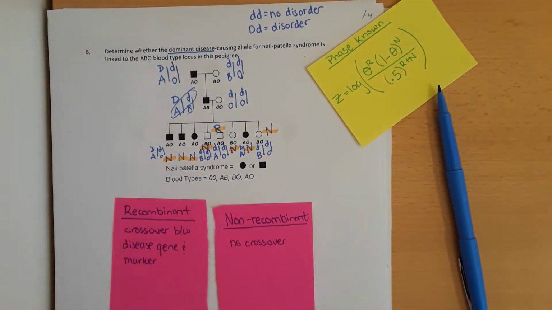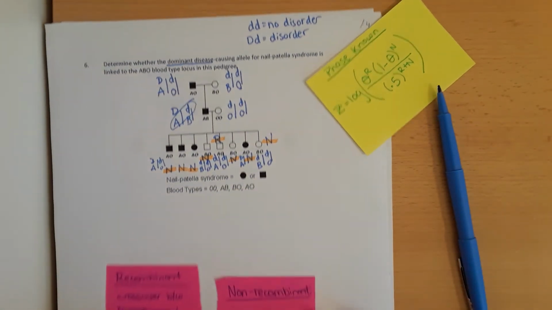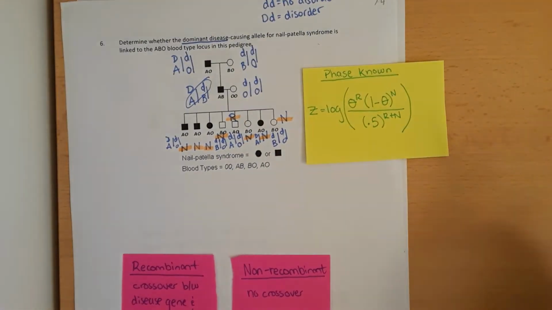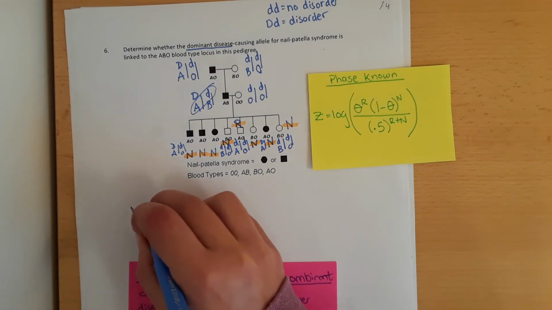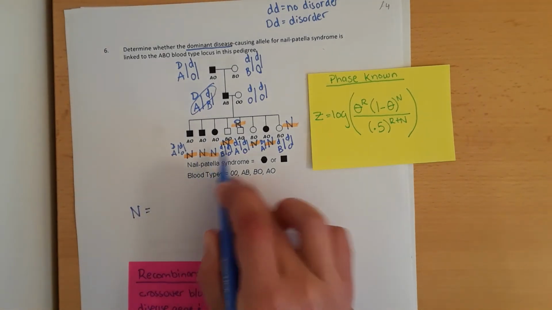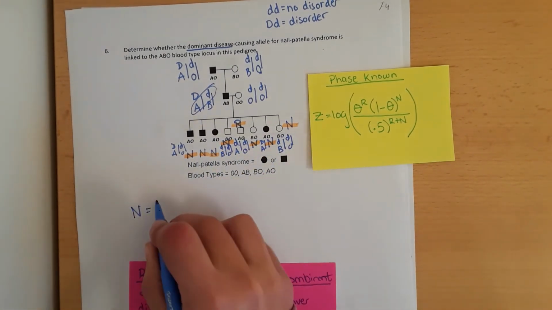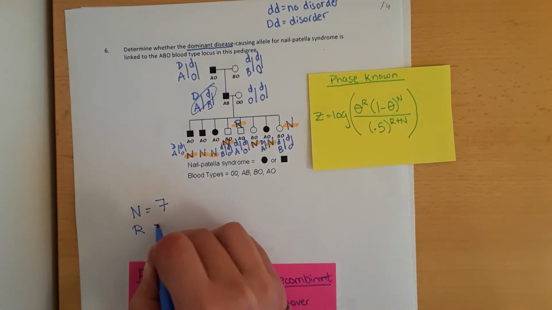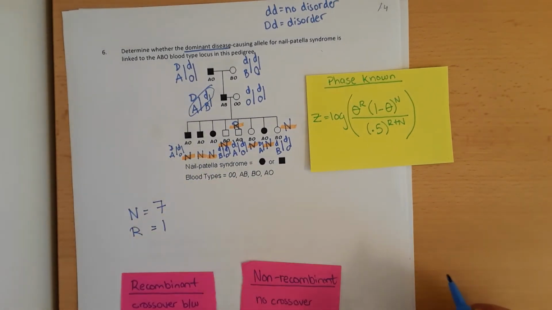We can count how many we have. So for the non-recombinants, we have 1, 2, 3, 4, 5, 6, 7. The recombinants, looks like we have 1. So our total is 8.